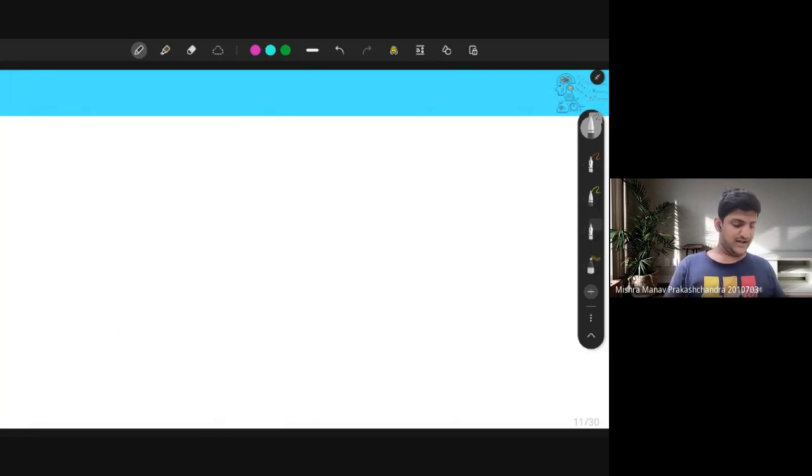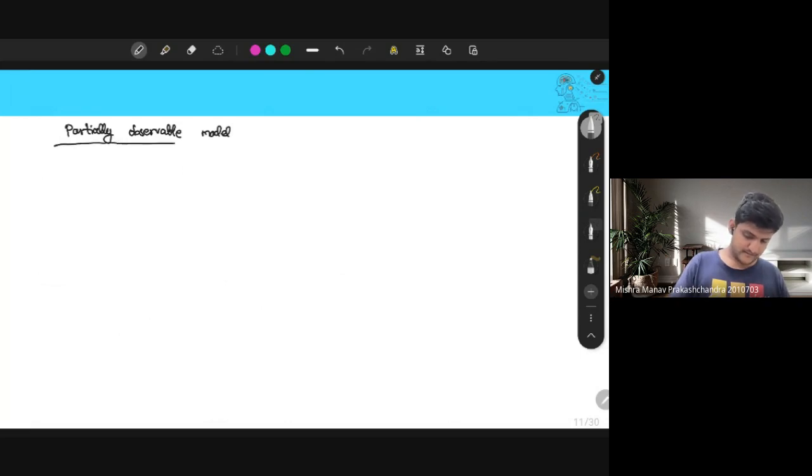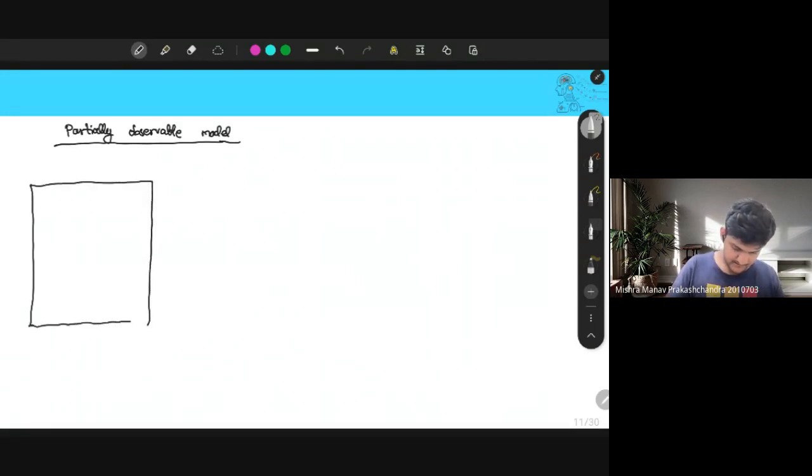So assume you have a partially observable model, okay, where the environment is defined as follows. You have a figure eight kind of structure.